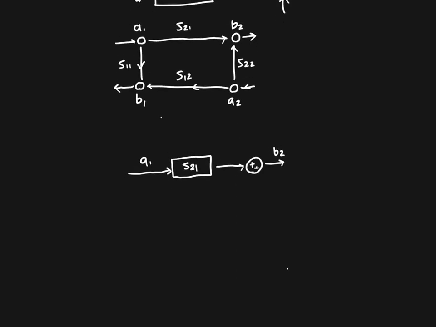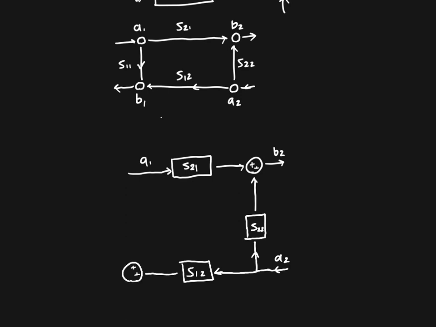We've got another input signal down over here, and this is a little strange way of writing it, but just to maintain consistency, we've got a block S22 and our input signal A2. And then A2 also goes over to generate B1, which is, we've got a little summing junction here. And then our output signal B1. And A1 is also used to generate B1 with S11.